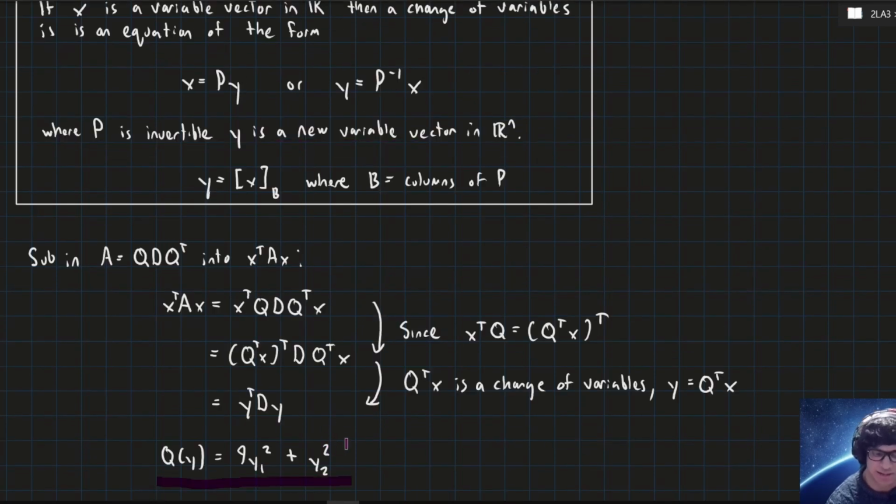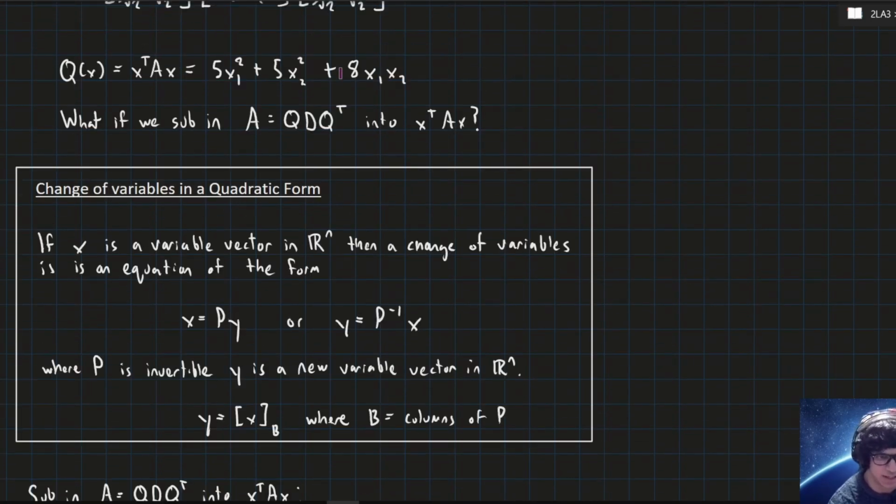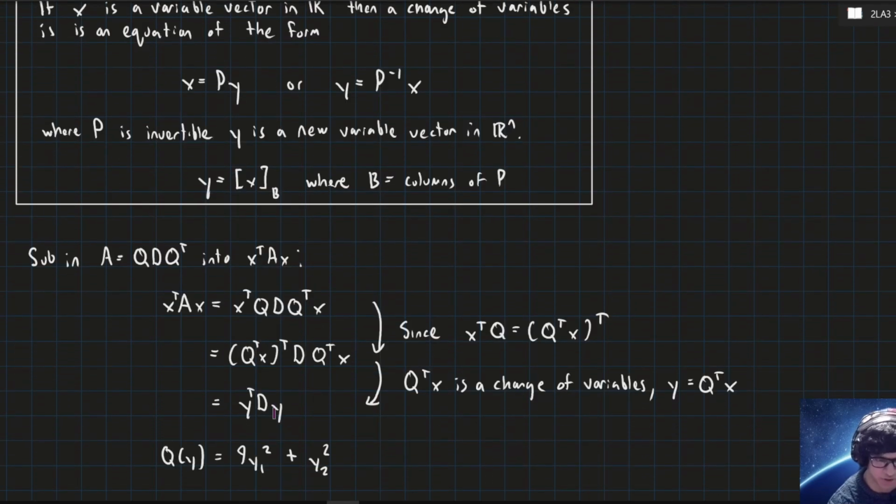And we notice now we have no cross products in it. We've eliminated any terms that have more than one variable in them. We only have squares here because we took the quadratic form of a diagonal matrix. That's why we get this.